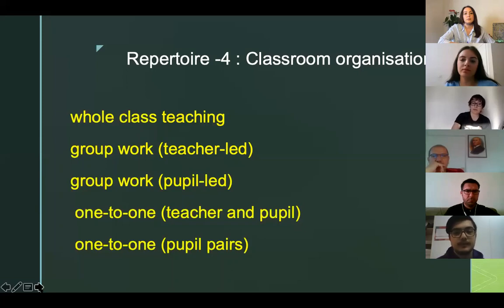They can be student-led. I mean, the students can form the groups. They can be one-to-one, teacher and student, and they can be between or among just the learners. They are just the simple stuff. I mean, all of you are familiar with this.